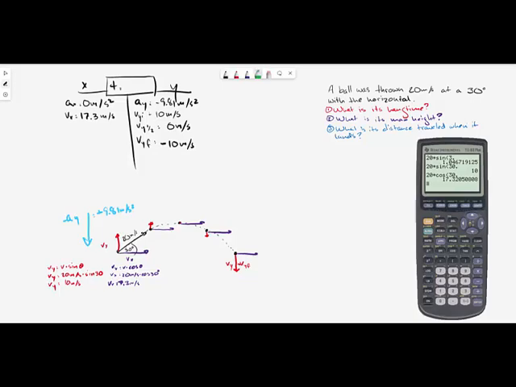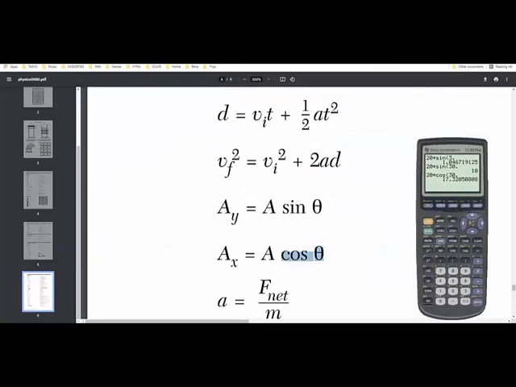Now, the simplest way would be to consider the whole time in the air. If we're going to do that, we need to look at a few specific values. First, it might help us consider what kind of equation can help us find the hang time. So, we don't have a distance and we don't have a time.